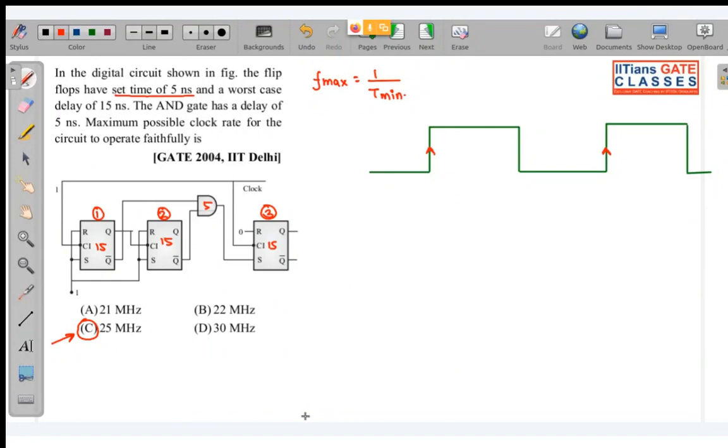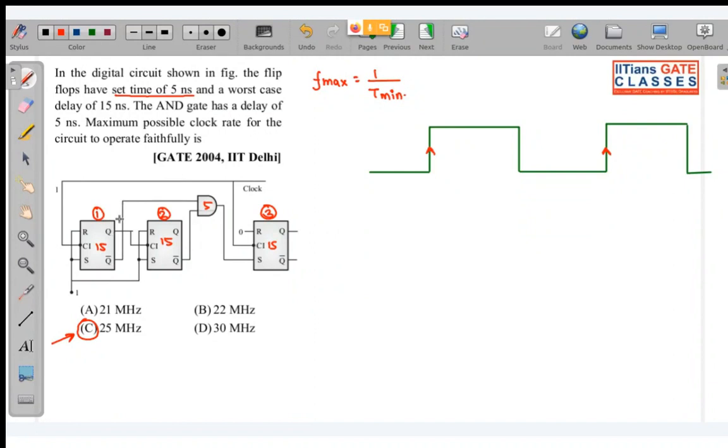The outputs for both of the first flip-flops, the Q, not the Q bar, will always be 1. It will not fluctuate.